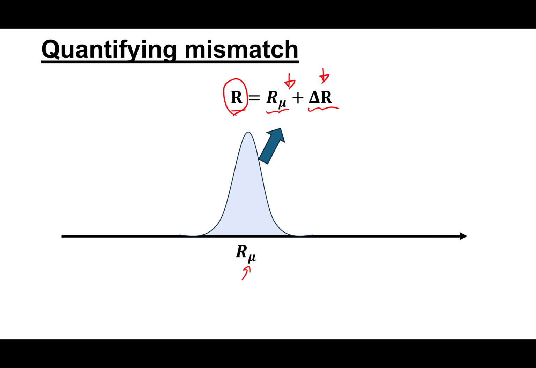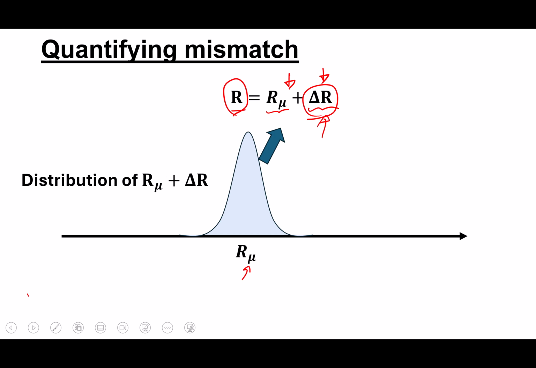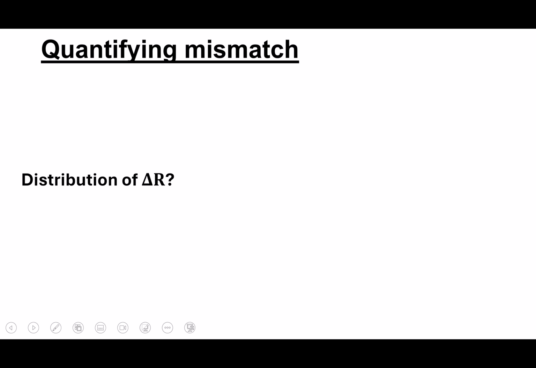It has a mean around mu and a variation. Now my mismatch quantity is just delta R. If I'm interested to find the distribution of only delta R, how will it look?